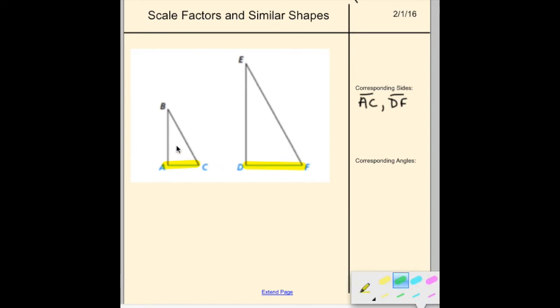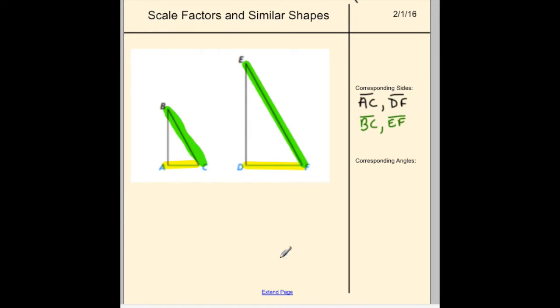Taking a look at another side, I could look at the longest side of each triangle. The longest side is always the hypotenuse. And so if I look at this longest side, BC corresponds to EF.